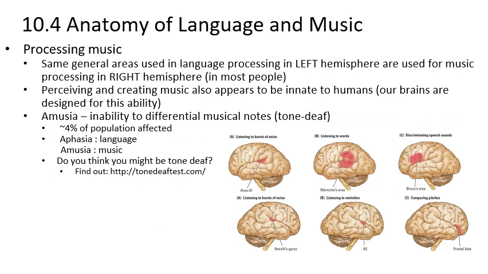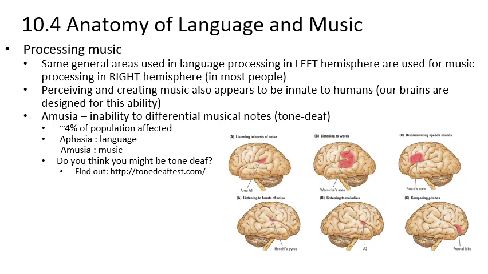In processing music, the same general areas that are used in language processing in the left hemisphere are used for music processing in the right hemisphere, again, for most people. If you look at this first row of brains, you can see the red areas are areas that are used in speech production and understanding speech, discriminating speech sounds.